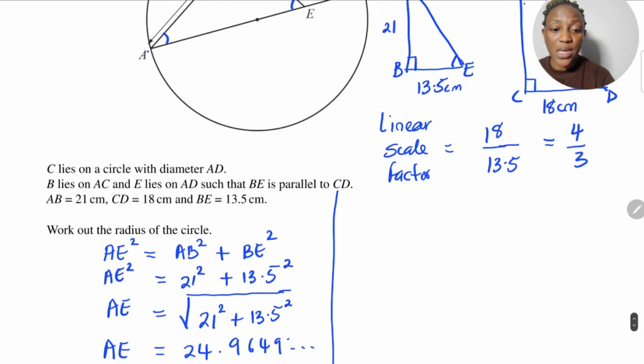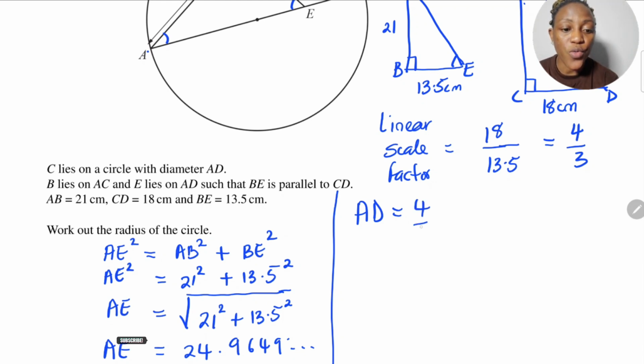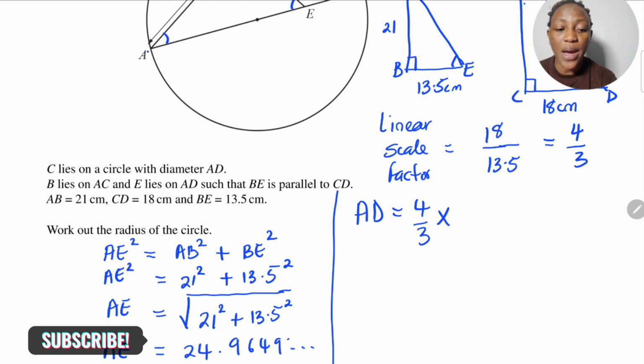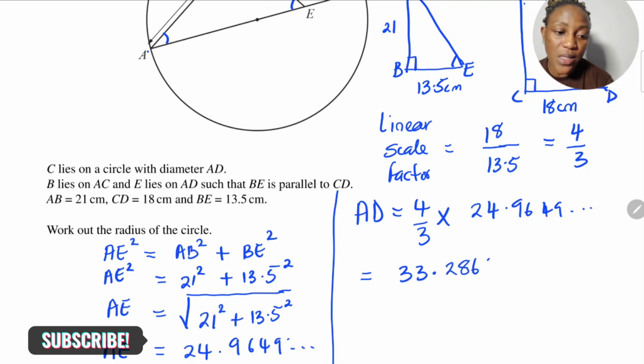Now that we know our AE, our AD is what? The scale factor. Yes, remember we found the scale factor earlier. The scale factor, which is 4 over 3, multiplied by our AE, 24.9649 and so on. When you do this, you're going to have your AD as 33.2866 and so on.